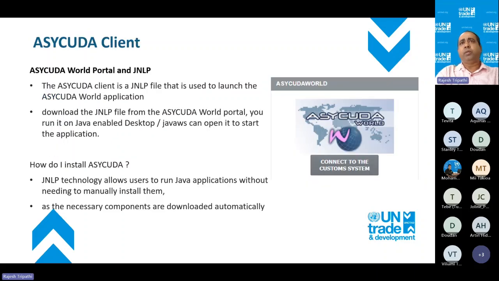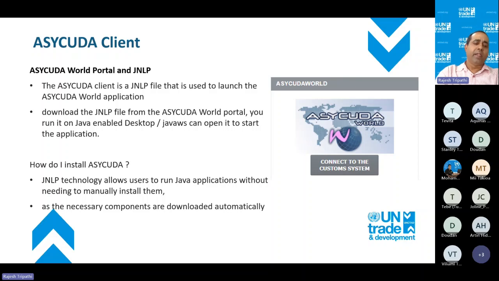So whenever we say ASYCUDA client, we immediately think of the ASYCUDA portal and the JNLP file hosted on the portal. To be precise, when you talk about ASYCUDA application, it's only the JNLP, the ASYCUDA world.jnlp file, which is the main component of the ASYCUDA application.